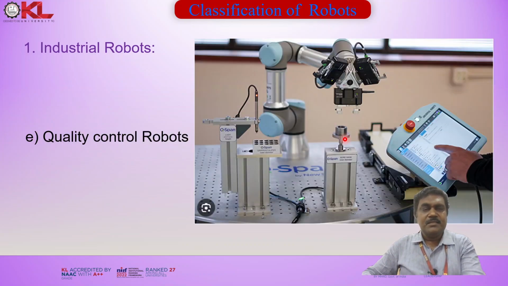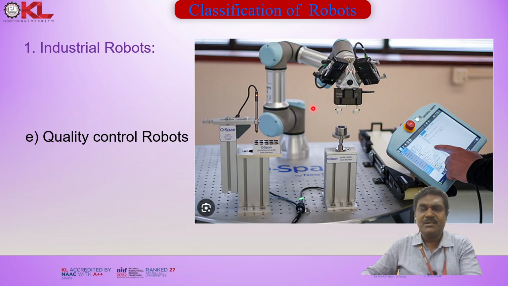Next is the quality control robots. Now we have to check the quality of the product. It may be a semi-finished product or a finished product. You need to check whether the product is in the acceptable range and the quality is achieved or not, and you can do that using different quality devices with the help of this robot.